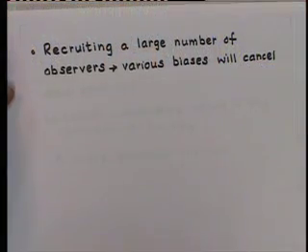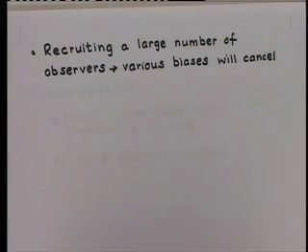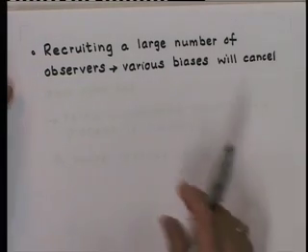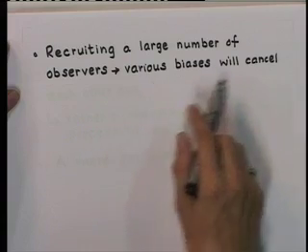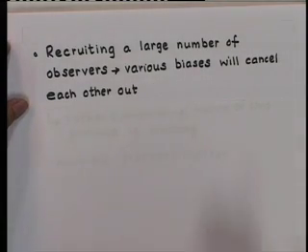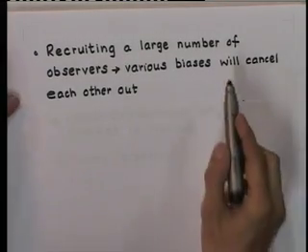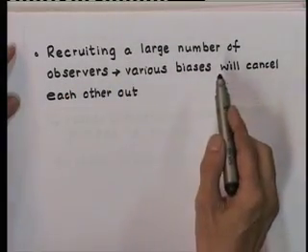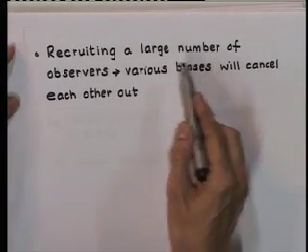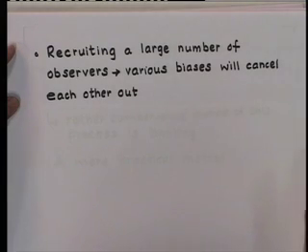So, a solution to this problem would be to recruit a large number of observers, in the hope that these various biases will cancel each other out. Now, this is often the option used, especially in the final stages of the design of a compression system.